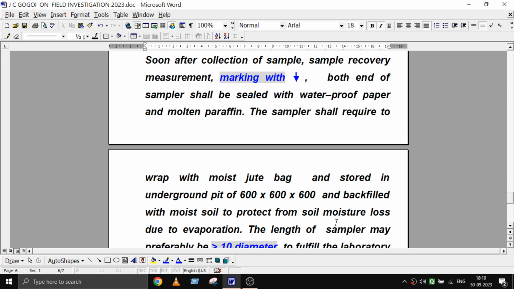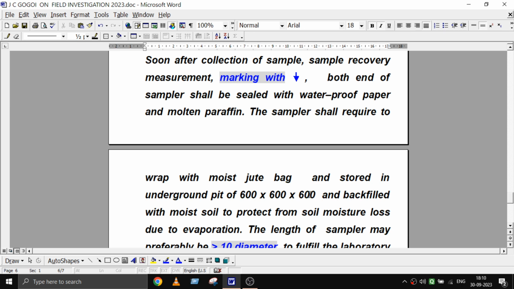The sugar bag is a jute bag, and jute cloth is available. The sample should be wrapped with moist jute bag, that means spraying some water so it becomes moist, and stored in an underground pit of 600 by 600 by 600.